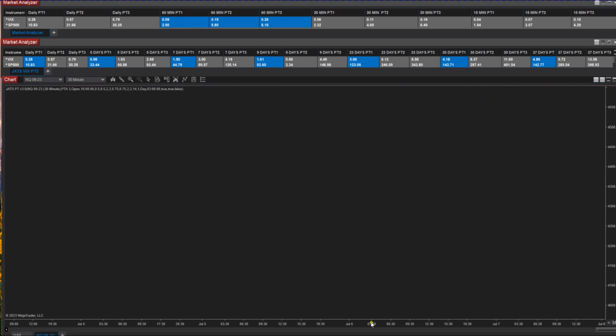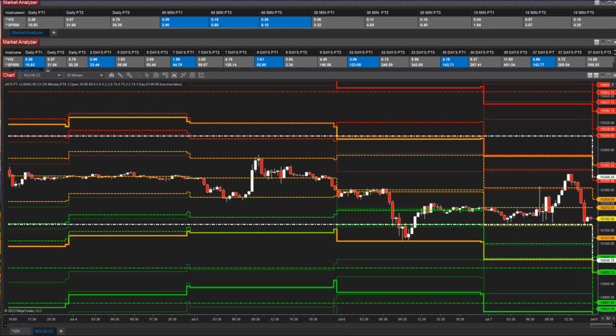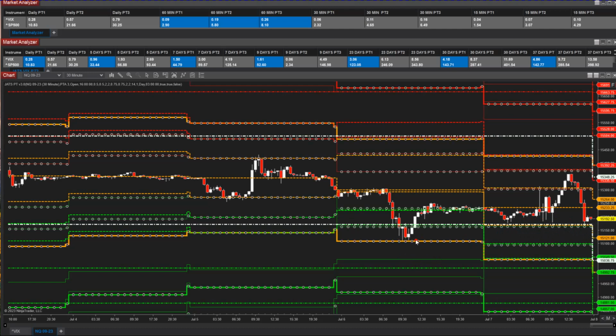Give this a second to populate. Here we go. It came all the way down, but did not break the weekly one, which was sitting on the daily one. The weekly one and daily one were sitting right there and acting for their spreads here. So it really is threading a needle when they get to these standard deviation levels.